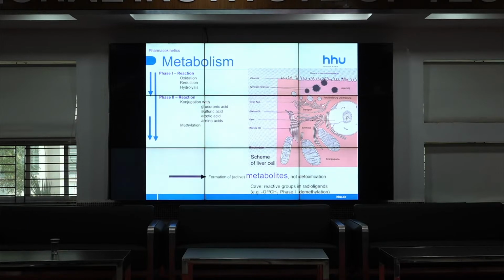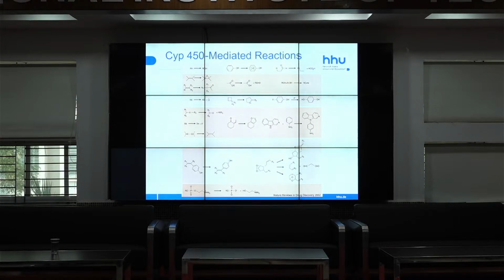And then we have the different enzymes and enzymatic pathways for the different structures. Cytochrome P450 are the most important pathway in this way for phase 1 studies, because these are oxidoreductases, and these monooxygenases can do a large number of different things for the different structures.